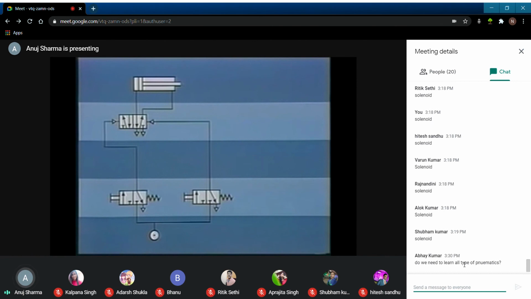We then used, in our example, 2 push buttons as signal elements to actuate the directional control valve. The 5-2 valve acts as processing element and final control element in this case. To enable the AND function to the circuit, a 2-pressure valve is used as processing element.